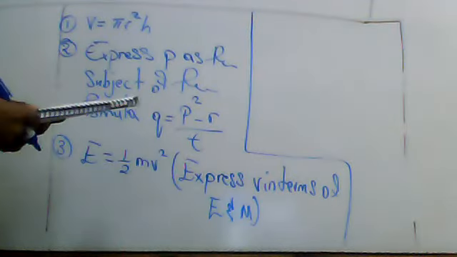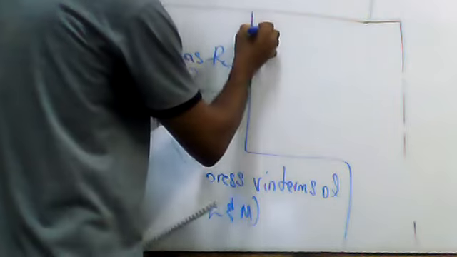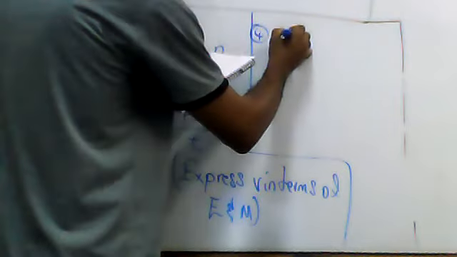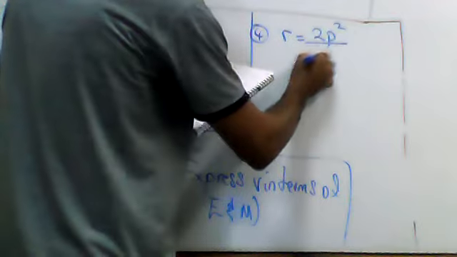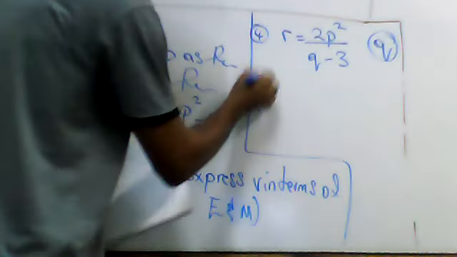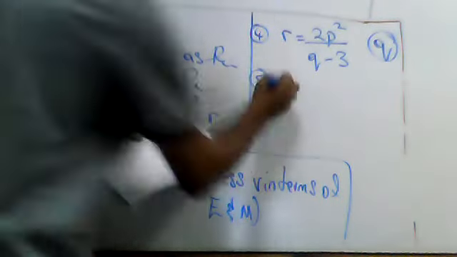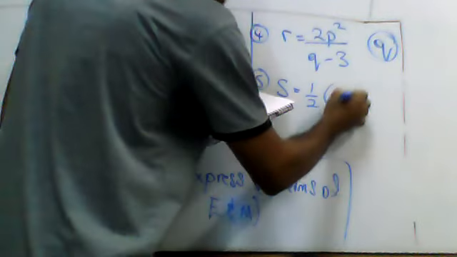I'm not going to write out what they say. I'm just going to write the question and put beside it what you're supposed to make the subject. Question 4. You have R equals 2p squared over q minus 3. So you're supposed to make q the subject here. Number 5, we have S being equal to half bracket u plus v bracket multiplied by t.